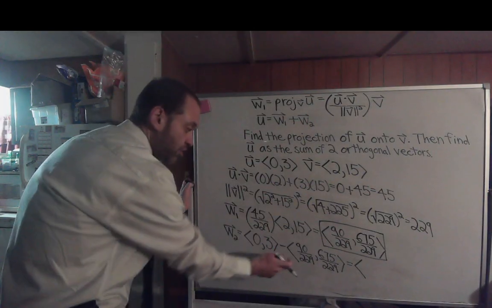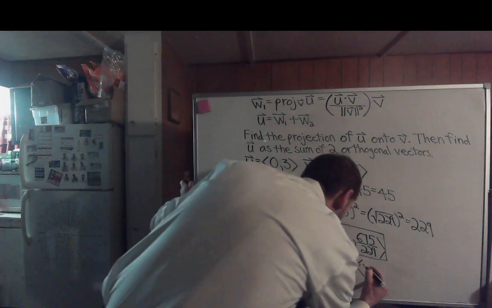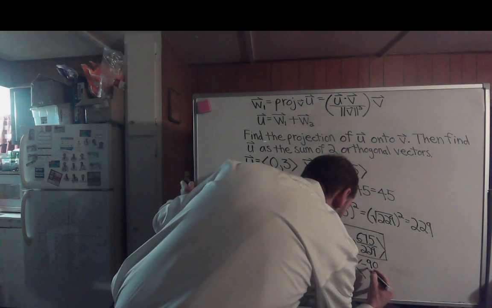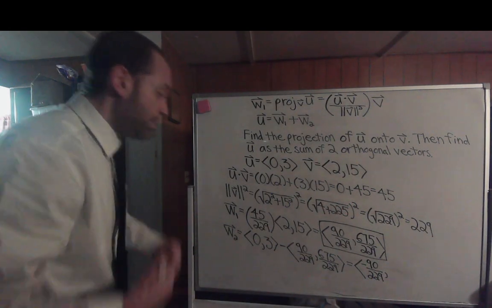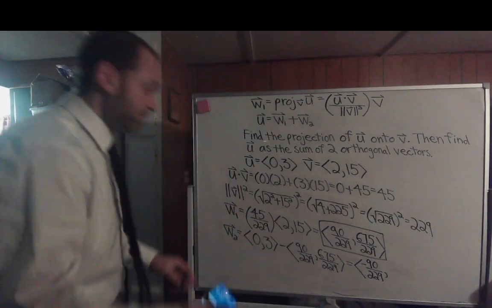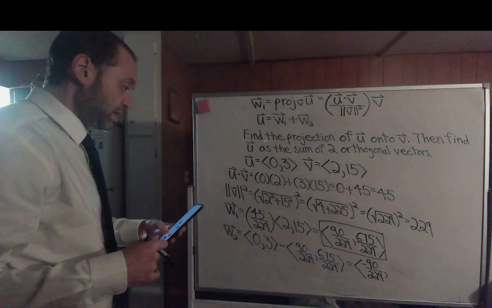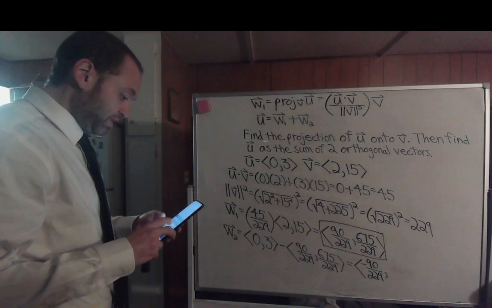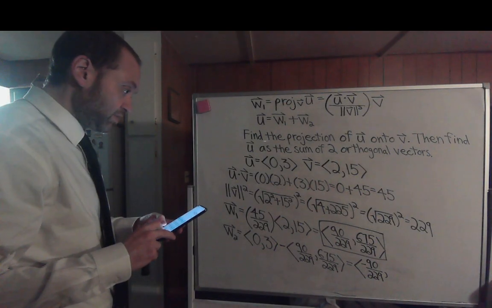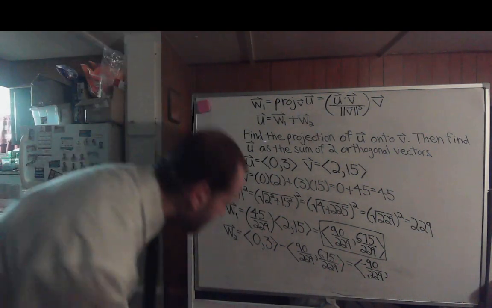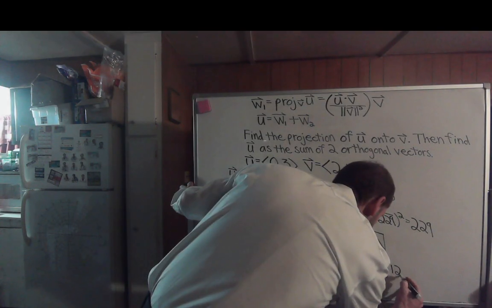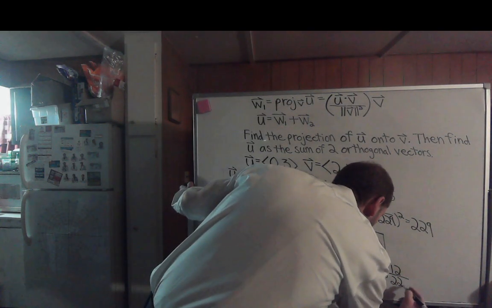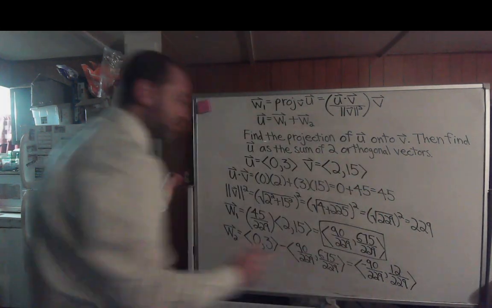Well, the first component of vector W sub 2, that's easy. 0 minus 90 229ths, that's negative 90 229ths. And then now we need to take 3 minus 675 229ths. So let's figure out what that is. So 3 times 229, that's 687 minus 675. That would be positive 12 229ths. So there's your vector W sub 2.